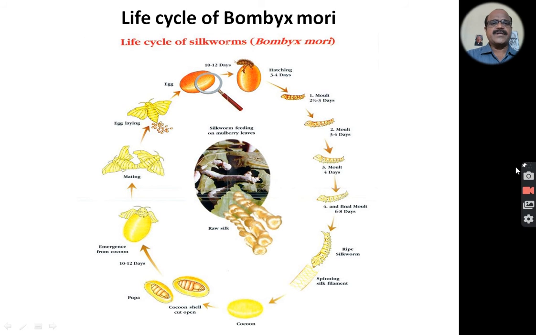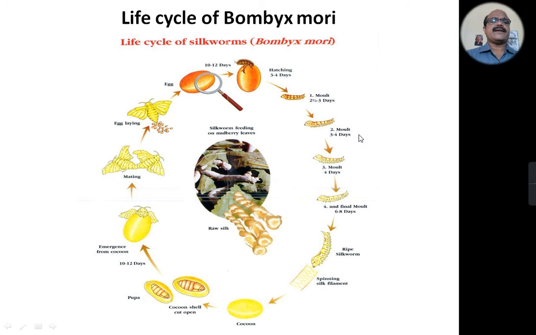After 2 to 3 days, the first caterpillar gets its first molt, and as a result of molting, it becomes a second instar or second larval stage.